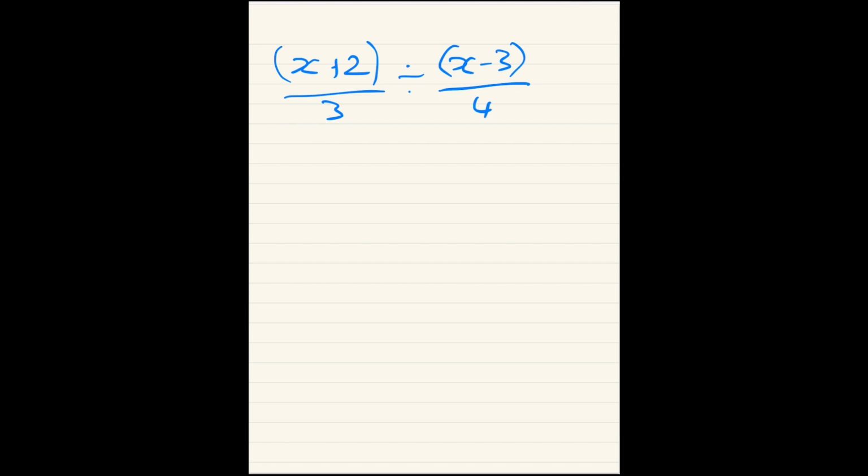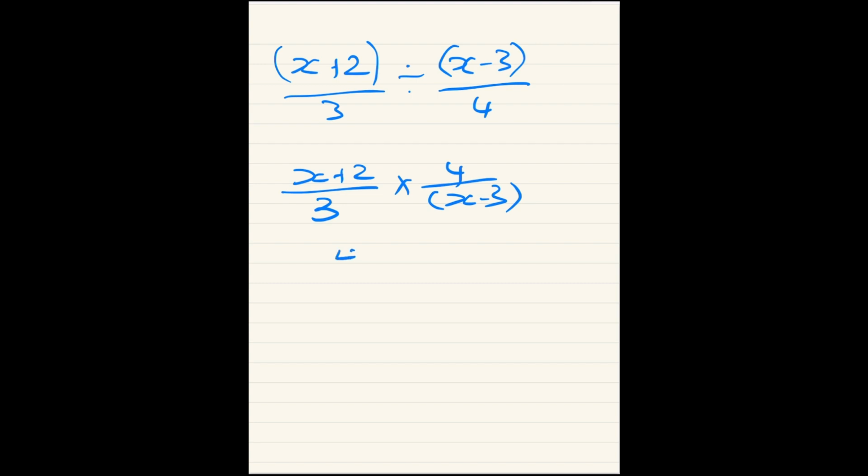So remember with divisions, you want to flip the second fraction over, change the sign into a multiplication, and keep the original fraction, the first fraction if you like, as it is. So we're going to essentially be carrying out this calculation. And let's see how that works out.